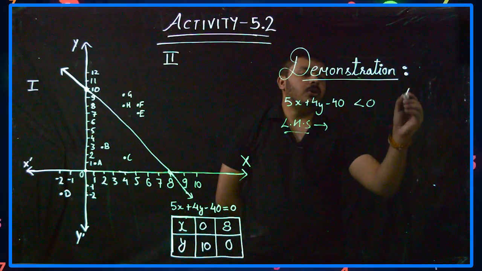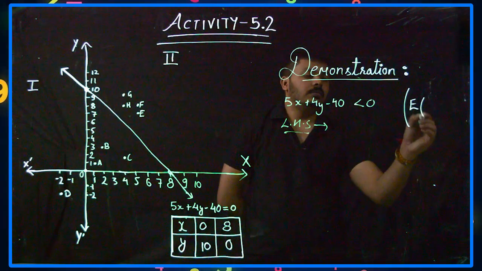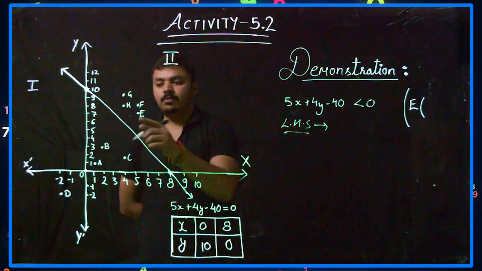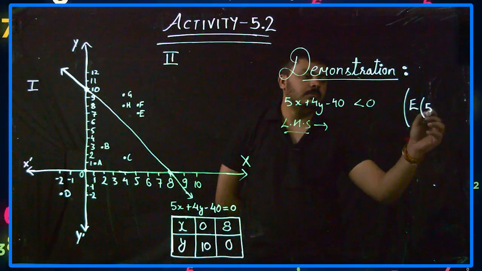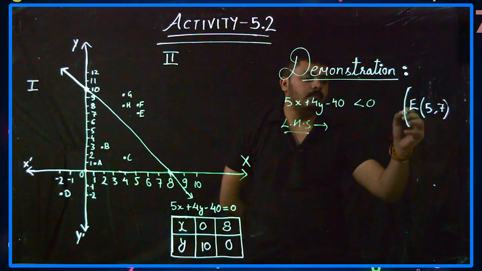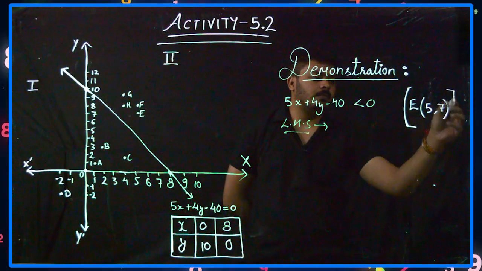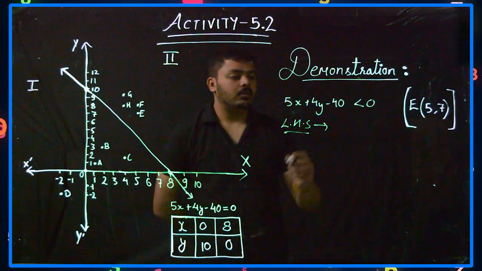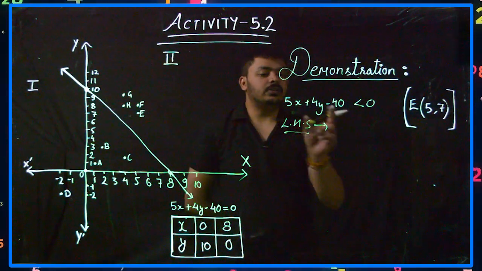Now for the point E, that is (5, 7), we try to satisfy the equation.